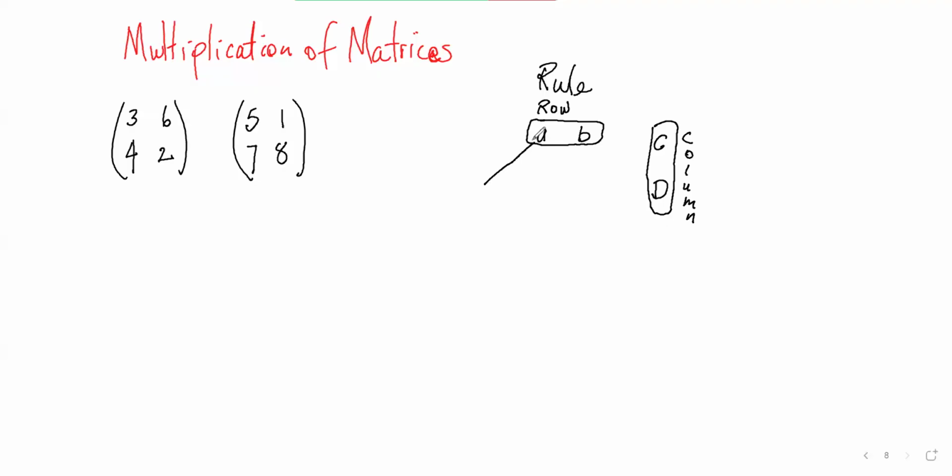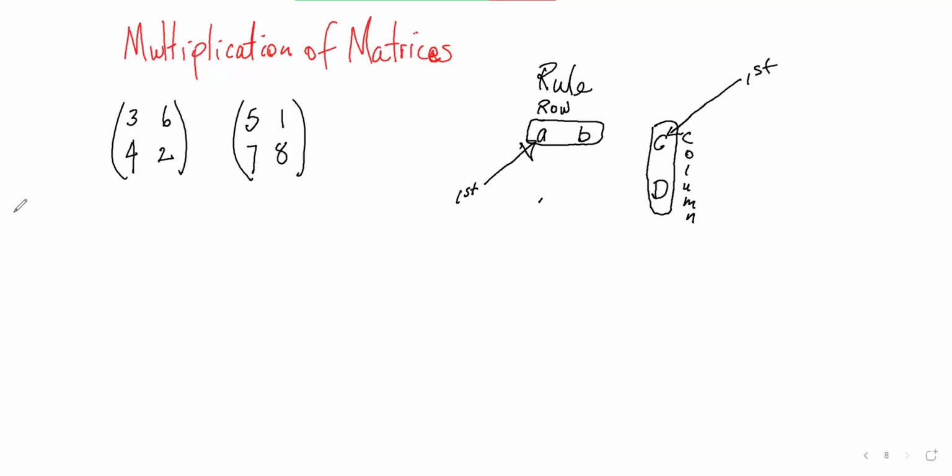What is the first element? A. What's the first element in the column? C. So keep that in mind. We're multiplying the first element in the row by the first element in the column.